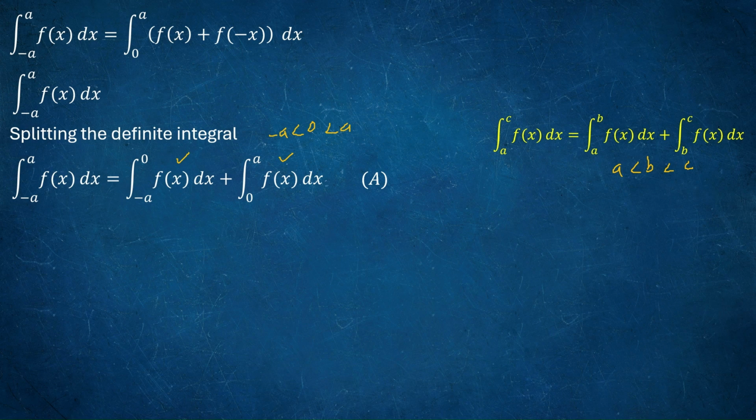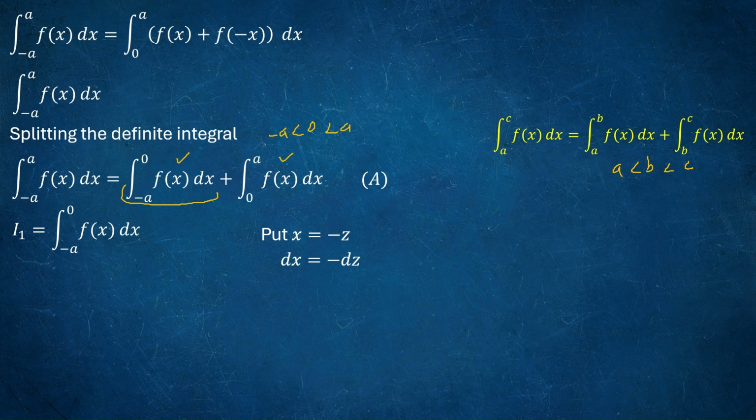Now we take the first integral on right hand side and call it I1. So I1 is equal to minus a to 0 f of x dx. We put x is equal to minus z. Taking differential on both sides, we get dx is equal to minus dz.